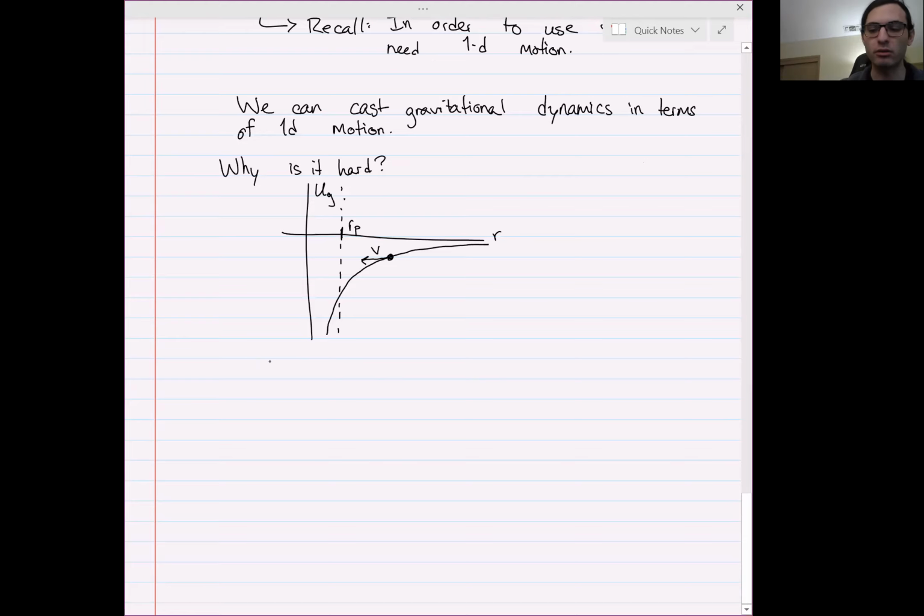But in this model, where we just assume everything works out handy-dandy and r is just a 1D coordinate, we would predict, remember, objects move towards lower potential energy, so it would fall down, infinitely. We'd predict that the object just falls into the sun.